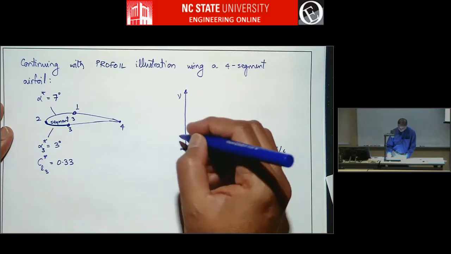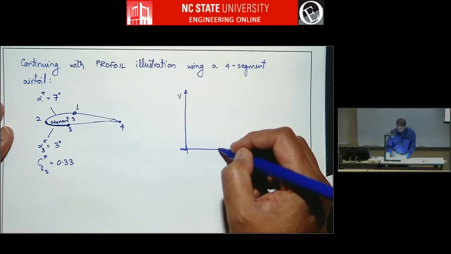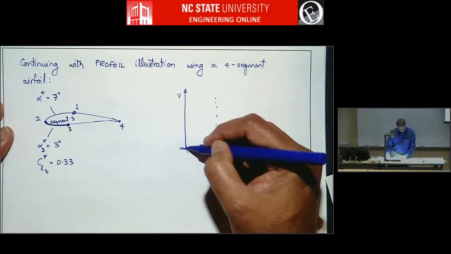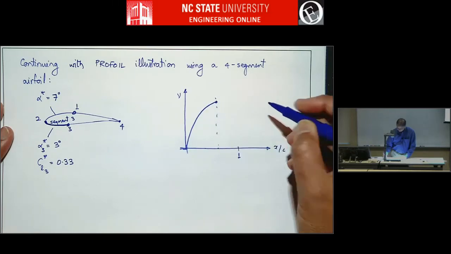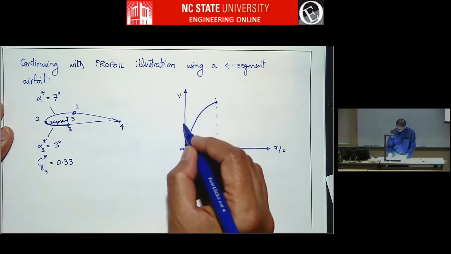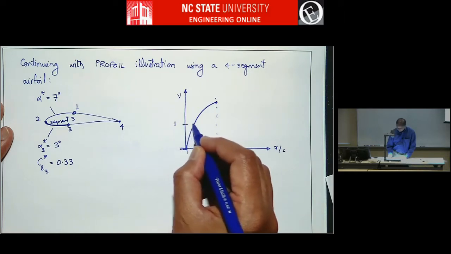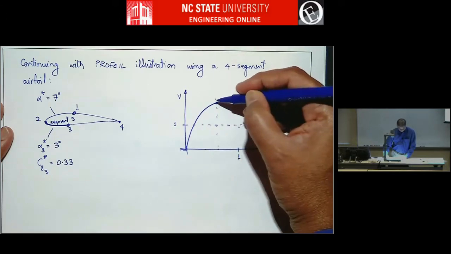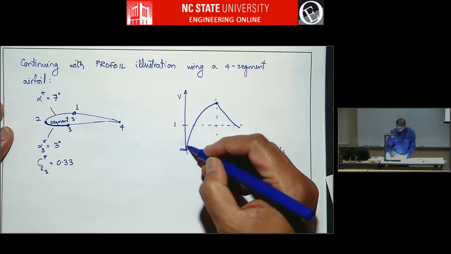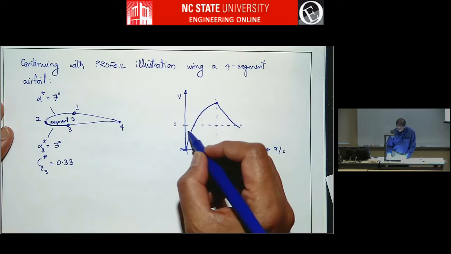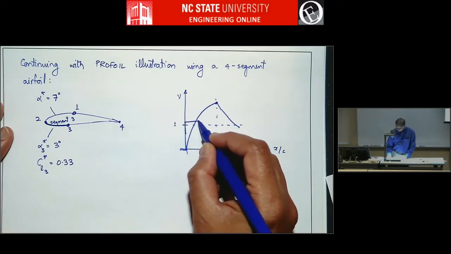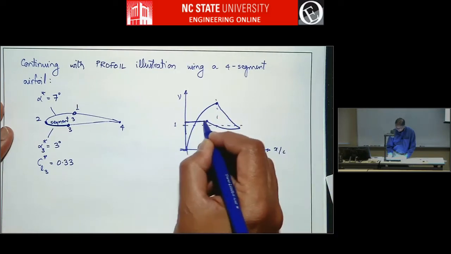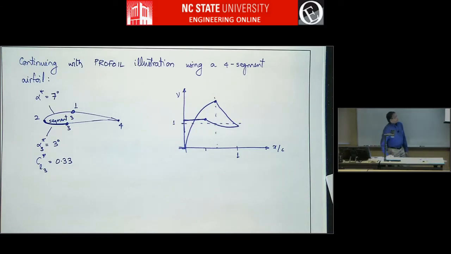It will turn out that the velocity distribution will be something like this.